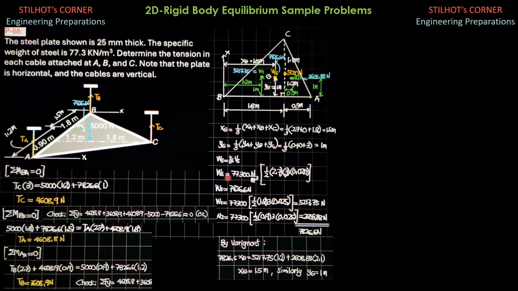So the weight of the triangular steel plate is equal to the weight density of steel, which is given here, 77.3 kilonewtons per cubic meter. So 77,300 newtons per cubic meter. Let's change that to newtons per cubic meter because the load here is 5,000 newtons, so we must express the weight in newtons also.